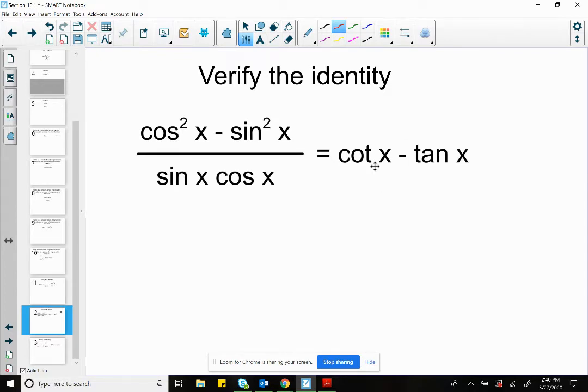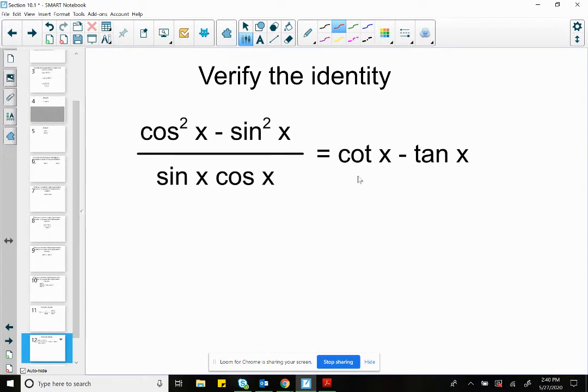It's kind of like proofs that you did in geometry, but these are all algebraic. Okay? And all we're going to do is substitute in pieces of information that we know to make one side look like the other. And what I call this is kind of like a game, where I'm going to give you the rules here in a second, and you use those rules to make this side match that side.